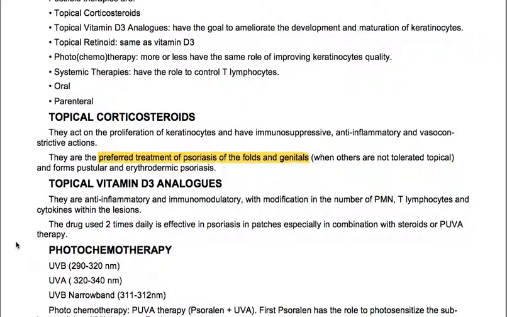We have topical vitamin D3 analogs, which are anti-inflammatory and immunomodulatory, modifying the number of PMN, T lymphocytes, and cytokines within the lesions. The drug used twice daily is effective in plaque psoriasis, especially in combination with steroids or PUVA therapy.